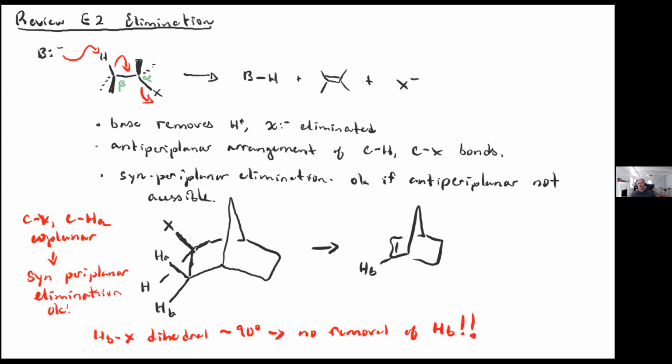If I can't access the anti-periplanar geometry, I can do a syn-periplanar elimination if that's available to me. But if the CX bond and any of the adjacent CH bonds are 90 degrees, you can't do that elimination. It does not proceed, and this is very important in terms of understanding the direction of elimination and how stable something might be towards elimination.